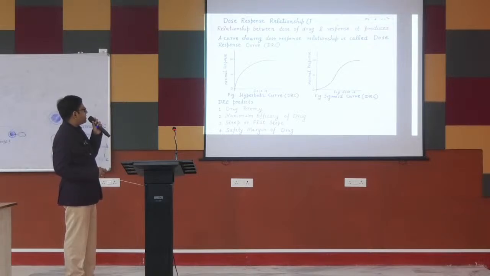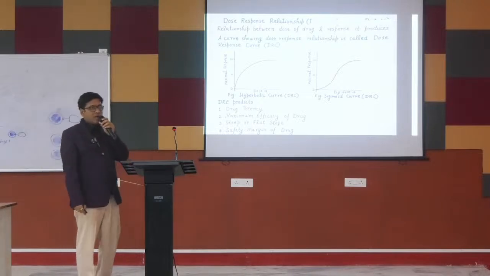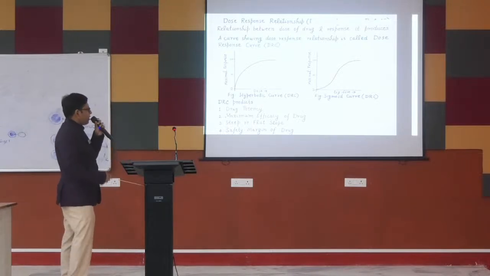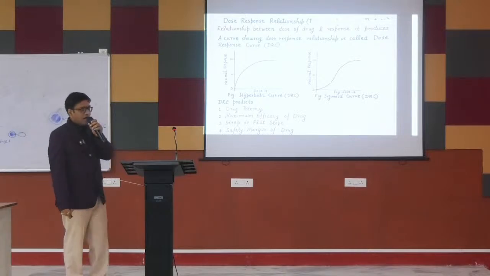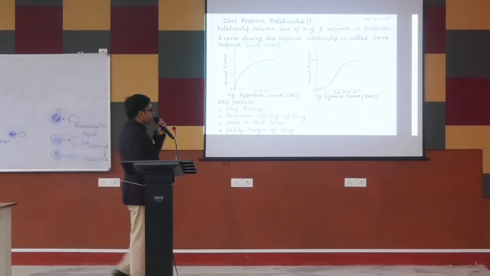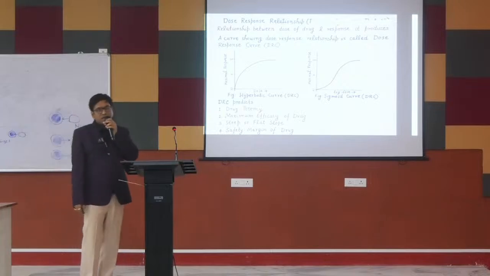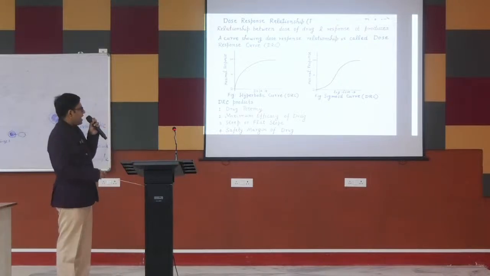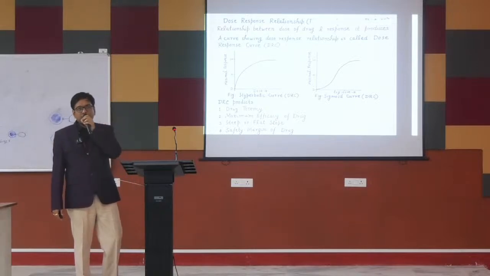Compared to a hyperbolic curve, in a sigmoid curve, within a small area, a lot of values can be plotted. More importantly, in a sigmoid shaped curve, the middle portion is a straight line. And when you have a straight line, it is much easier to calculate various characteristics or various points and values related to that drug.